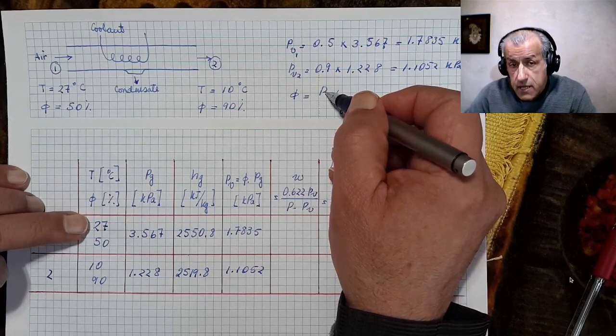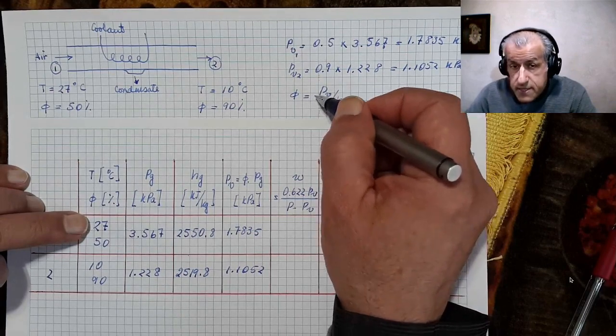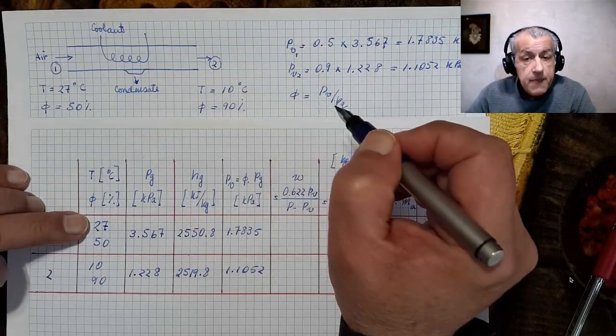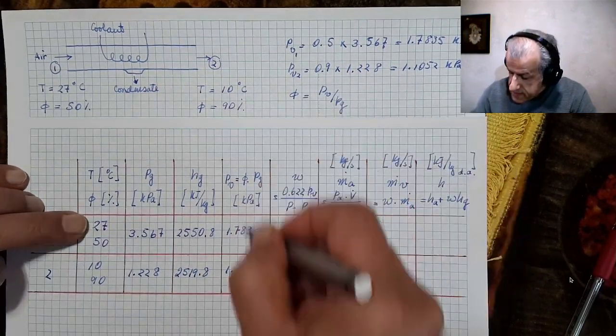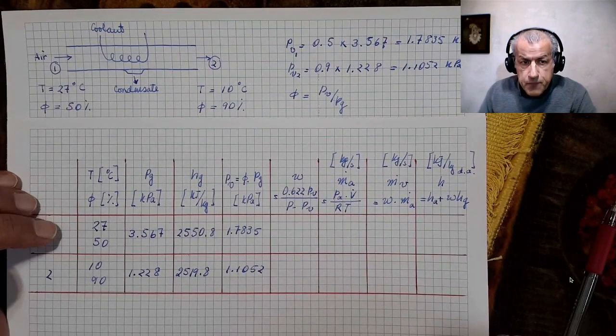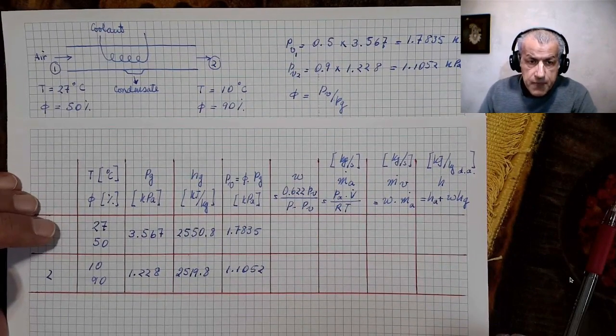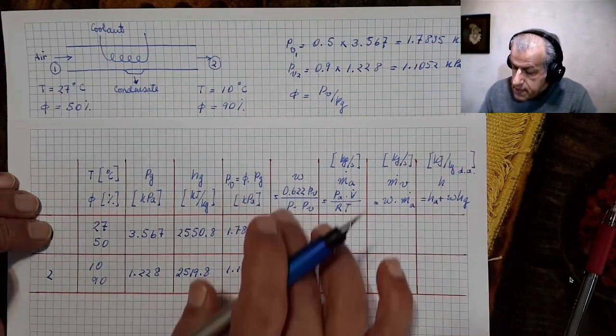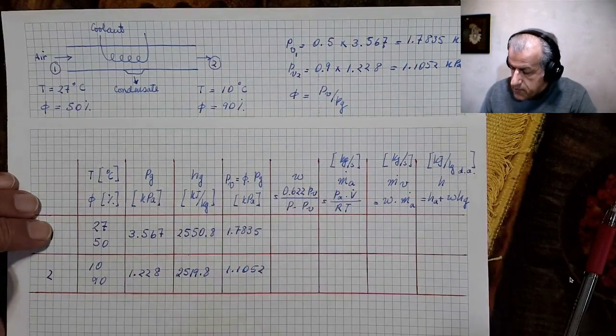To calculate that partial pressure, it's easy. You could just multiply phi by PG. And this is the outcome we get here.